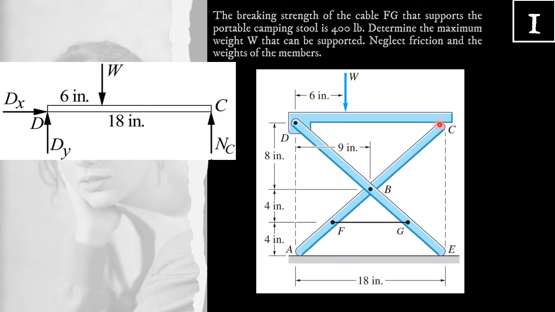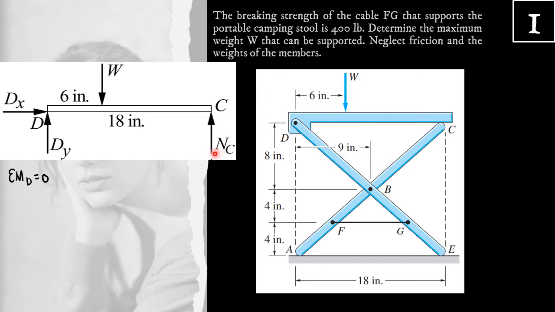At point C, we have a normal reaction NC. Now I'm going to solve for NC. Again, you will understand the reason later. To solve for NC, we simply take summation moment at point D equal to 0. So summation moment at point D is equal to 0.